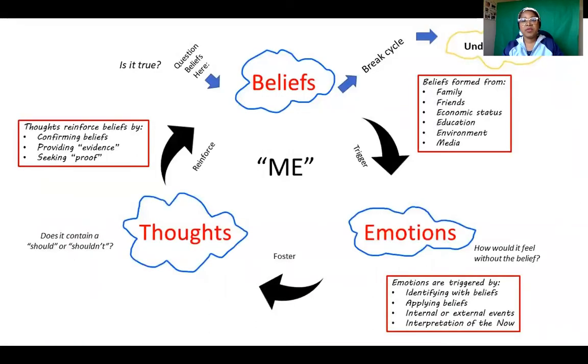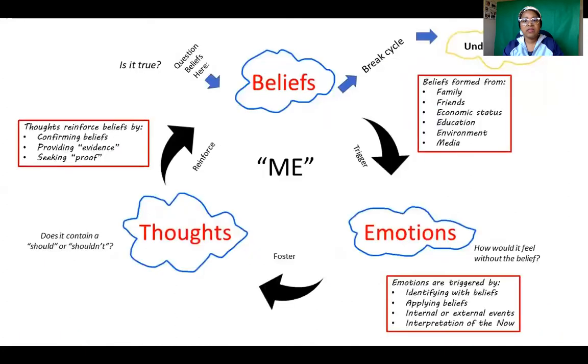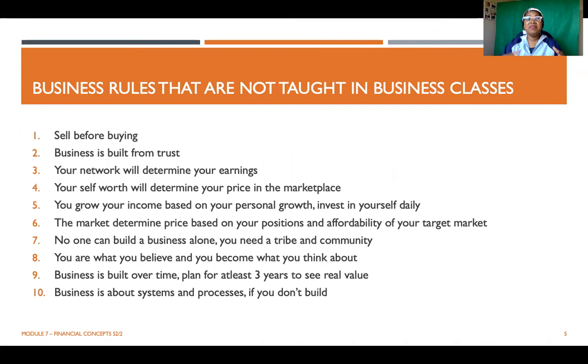But what you also have to keep in mind is that how we make these decisions is influenced by what we believe, and it's also influenced by the emotions this belief triggers and also the thoughts that we have. Which then leads me to the business rules that are not taught in business classes.